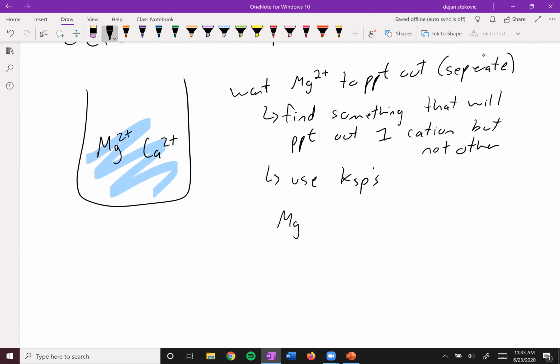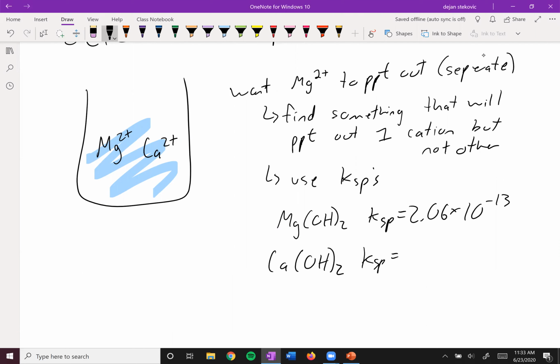So for example, let's say on this table, you found some magnesium hydroxide and you found that this KSP was 2.06 times 10 to the negative 13, while the calcium hydroxide's KSP is equal to 4.86 times 10 to the negative 6. So the first thing that we notice is that our stoichiometry is the same. So we don't have to convert to the molar solubility.